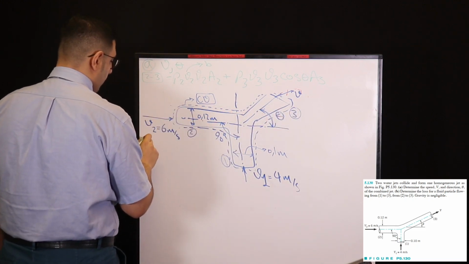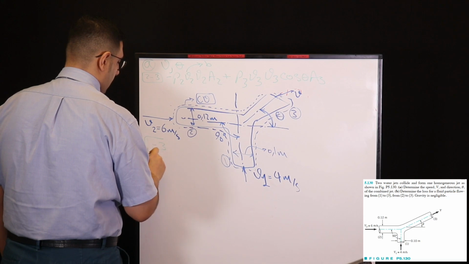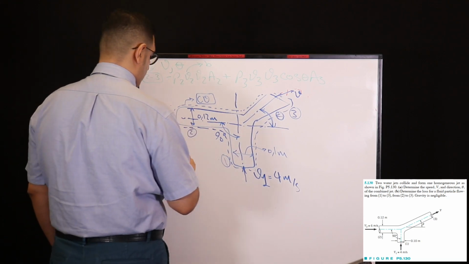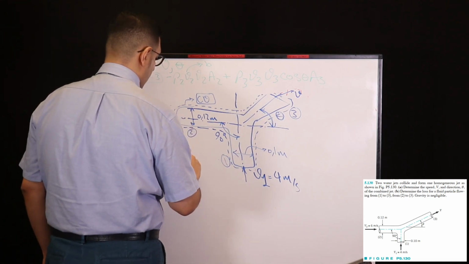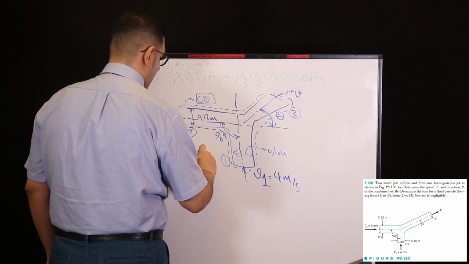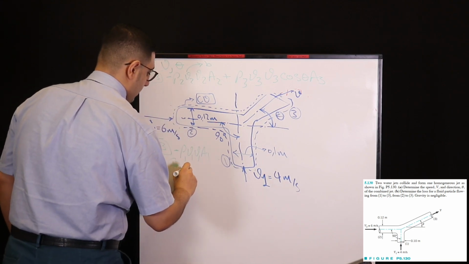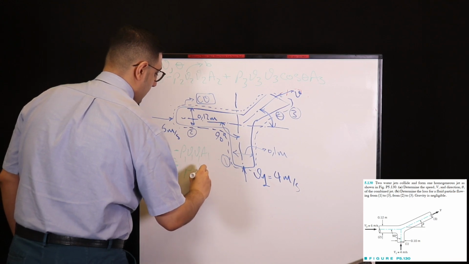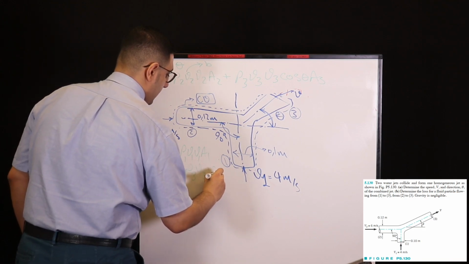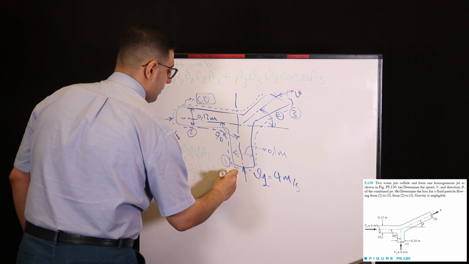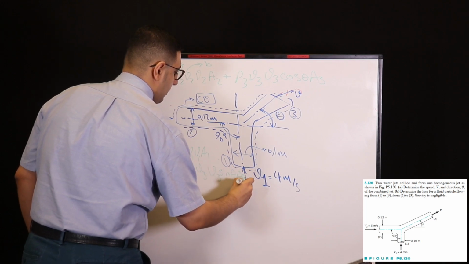From point 1 to point 3, we have the linear momentum equation as minus rho1 V1 V1 A1 plus rho3 V3 V3 sine theta A3.